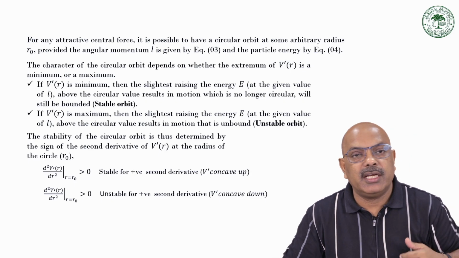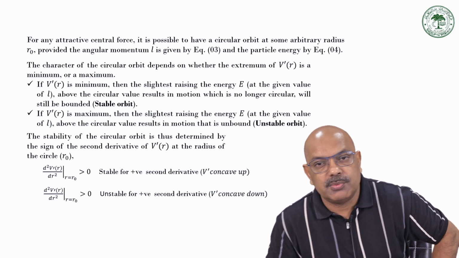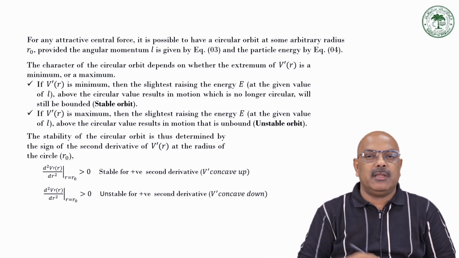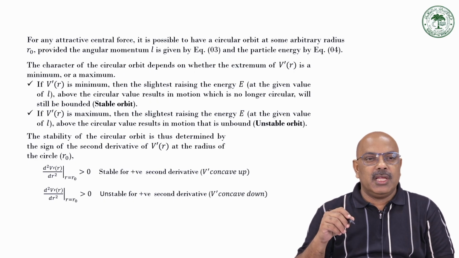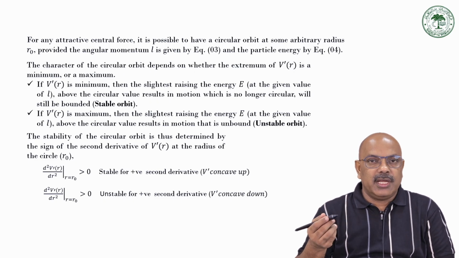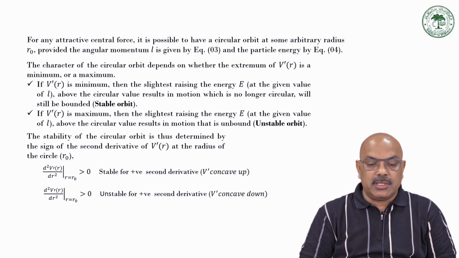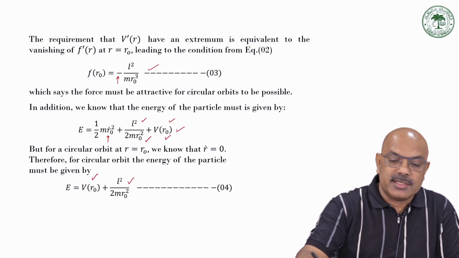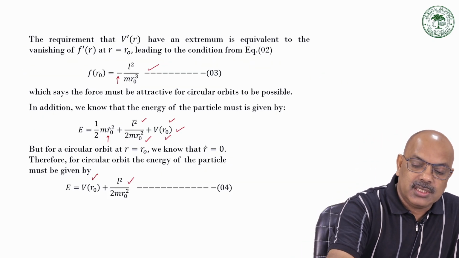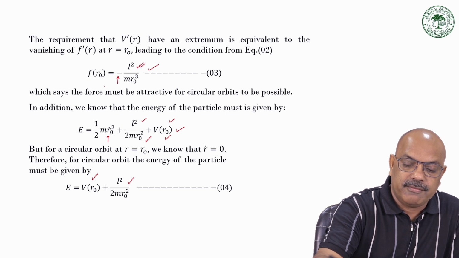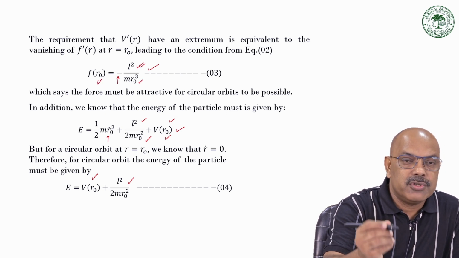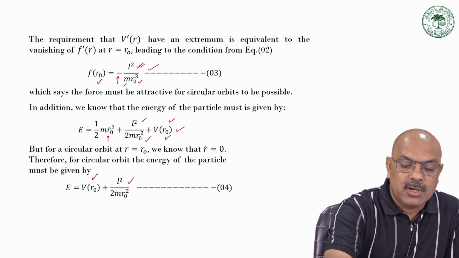Now for any attractive central force, it is possible to have a circular orbit, okay, at some arbitrary radius, let's say r naught, provided the angular momentum is given by equation 3. This is the condition. From here you can find the force at r naught, the mass of the particle, and r naught.